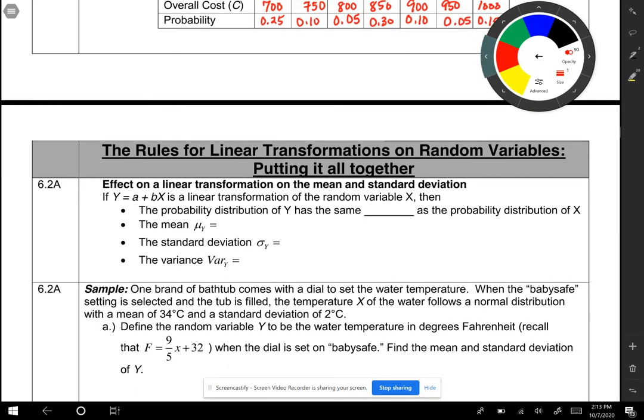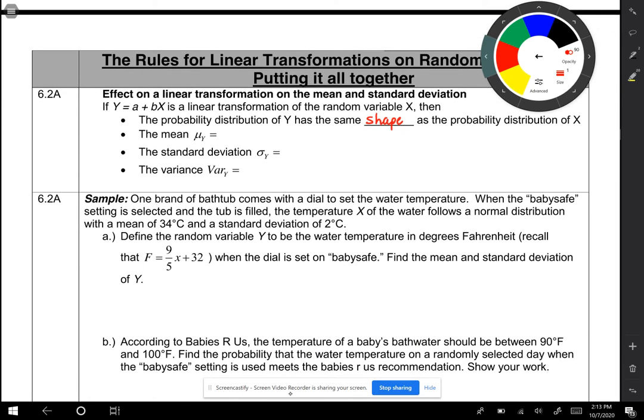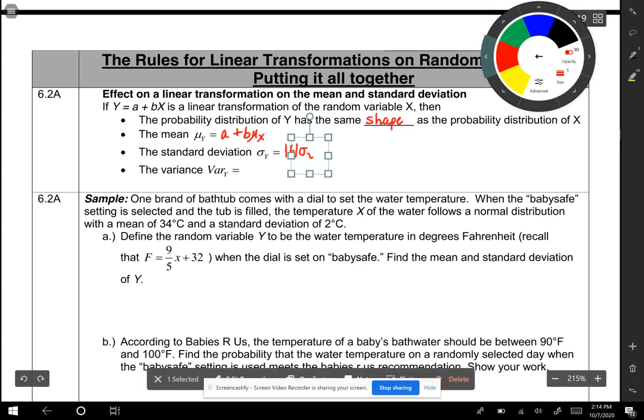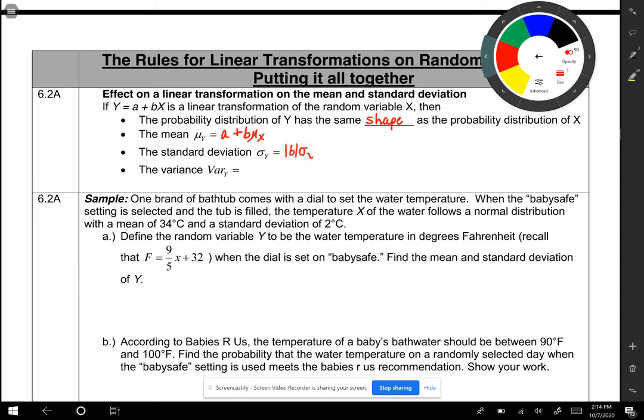If capital Y is equal to a plus b times X, where capital letters are your random variables, so Y is a linear transformation of the random variable X, then the probability distribution of Y has the same shape as the probability distribution of X. The mean of Y, because remember Y is the transformed variable, is going to equal a plus b times the mean of X. The standard deviation of Y is going to be the absolute value of b times the standard deviation of X. Notice I did not put the a there, because adding or subtracting a constant doesn't do anything to the standard deviation.